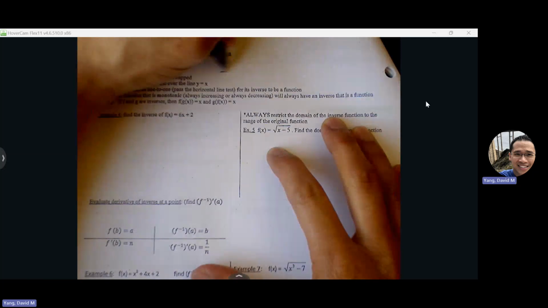After that, you know that a function and its inverse will always be symmetrical over the line y equals x. So just for instance, if one graph looked like this, the inverse function will look as if you were folding this graph over the line y equals x.